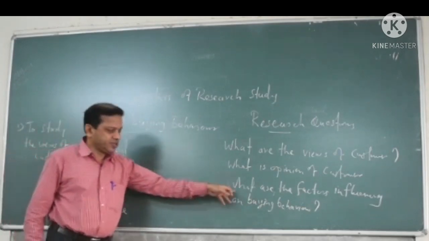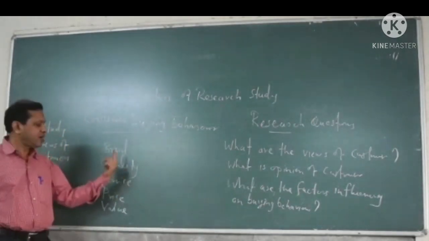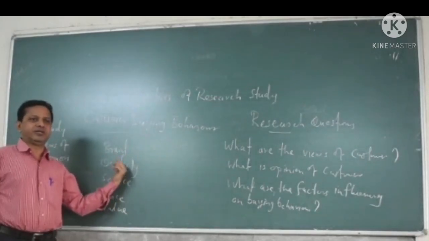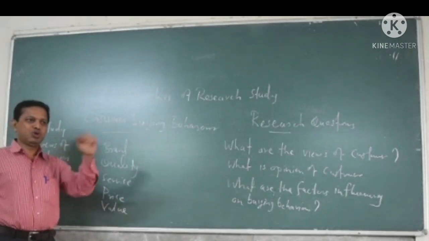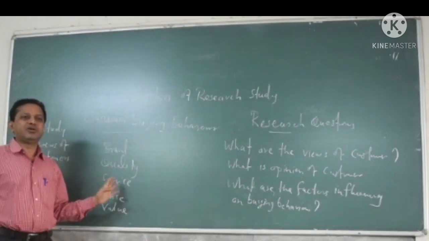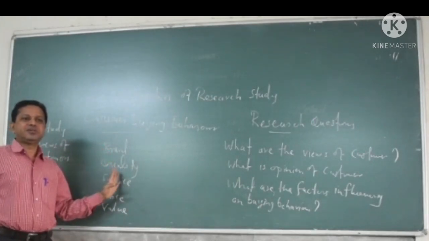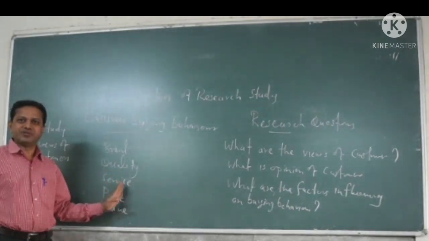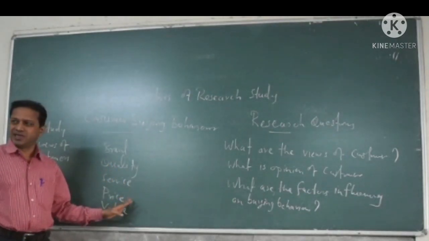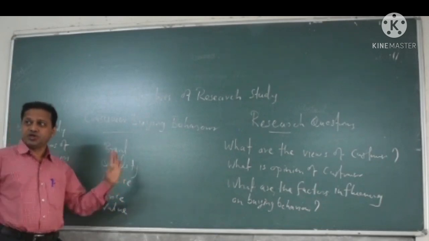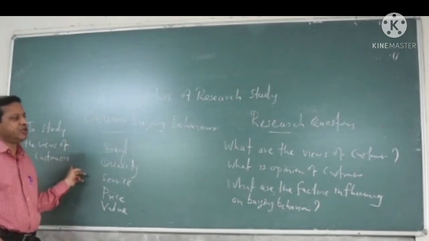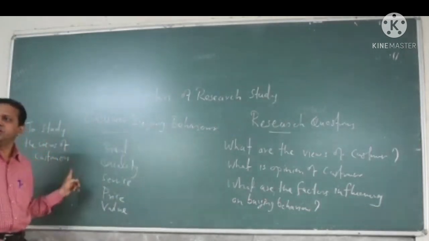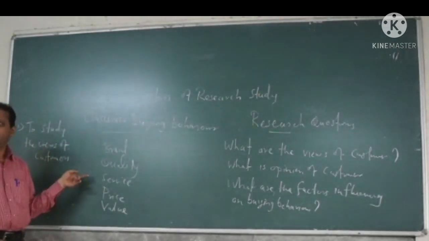If at all you have to answer this question, how can you answer it? After assessing each factor influencing a buyer, from the customer. You have to go to the customer and find out what quality they expect, what service they expect, what price they expect. So understood, first is the research question, and then on the basis of the research question, objectives.